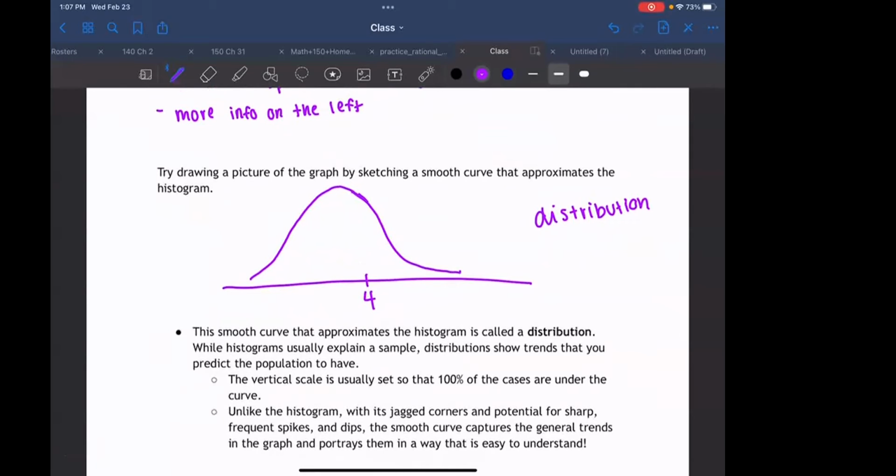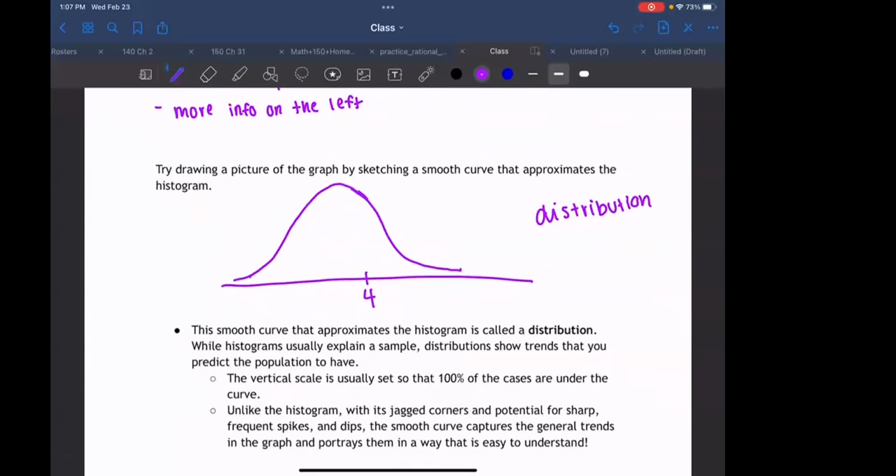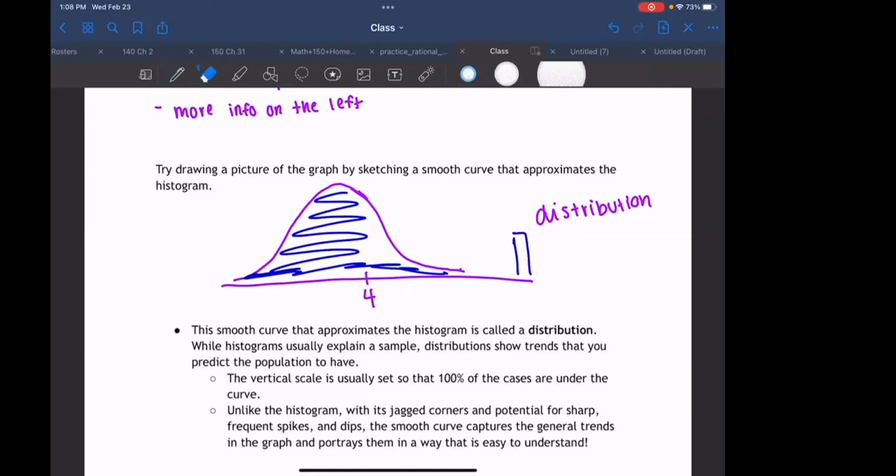So if we were to take this graph and shade in everything underneath it, that would describe every single thing that can happen in our population. So 100% of the cases are underneath the curve. There's no other weird bars that come out on the right. So 100% of the information is below this curve.